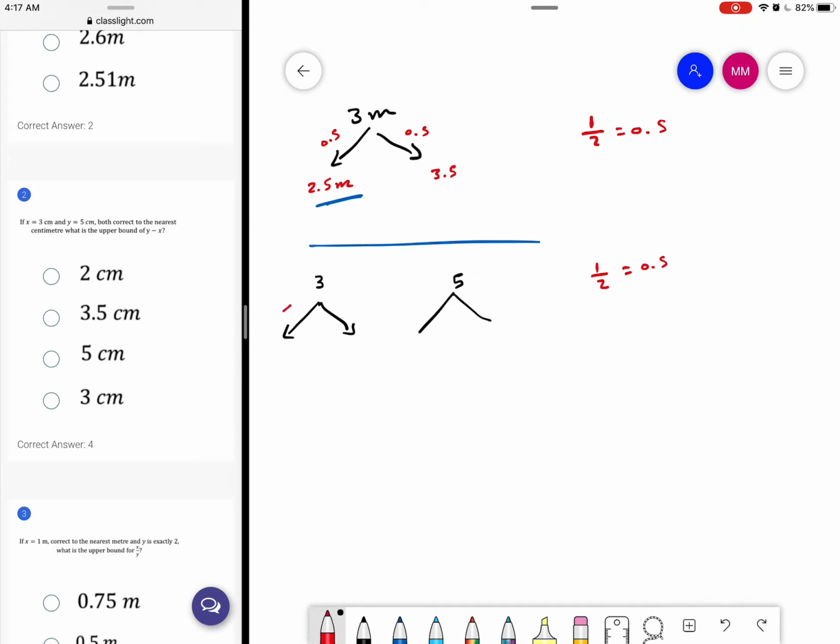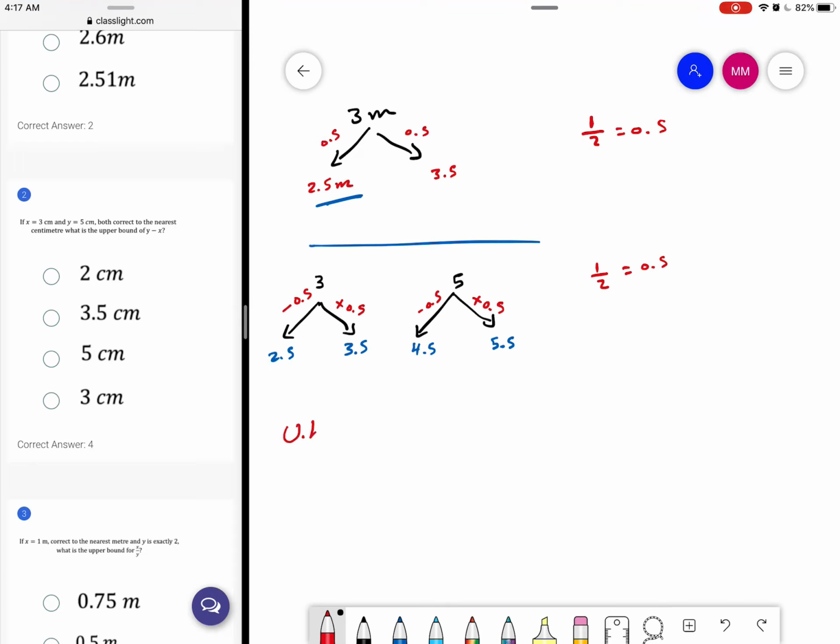Subtract 0.5 and add 0.5. So it will be 2.5 and 3.5 for x, and 4.5 and 5.5 for y. After that he said what is the upper bound of y minus x.